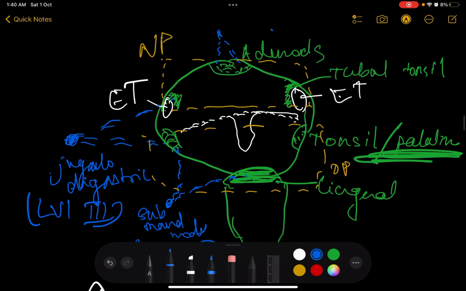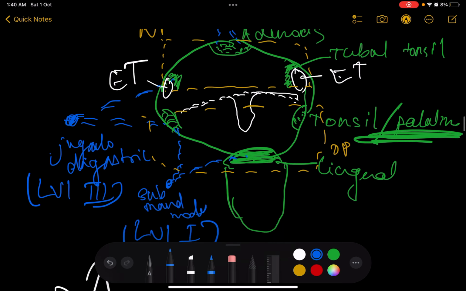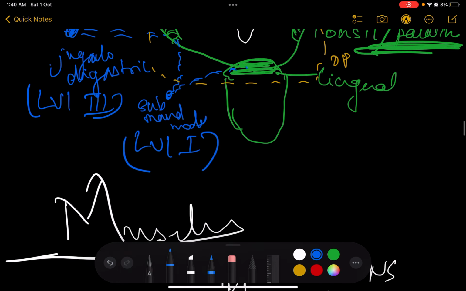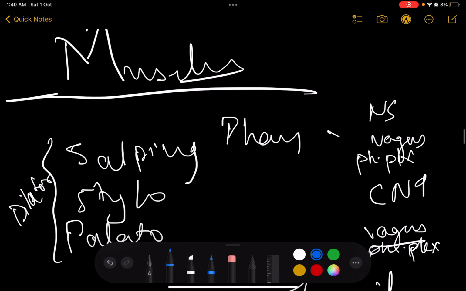The eustachian tube and the palatine tonsils drain into the jugulodigastric node, which is level 3, and the lingual tonsils drain into the submandibular and submental nodes, which is level 1.